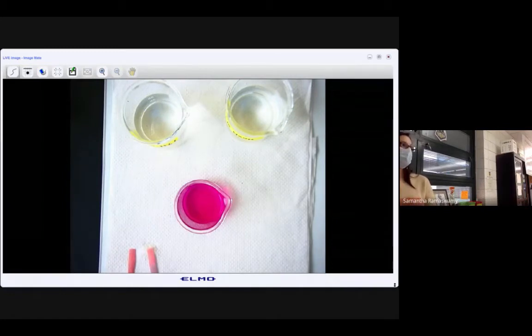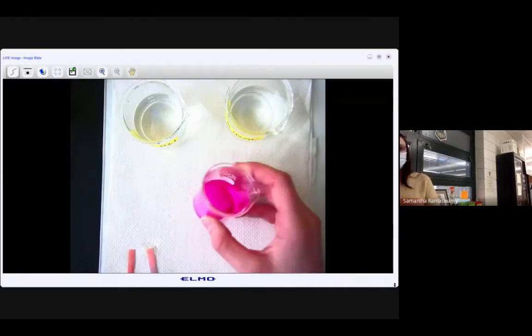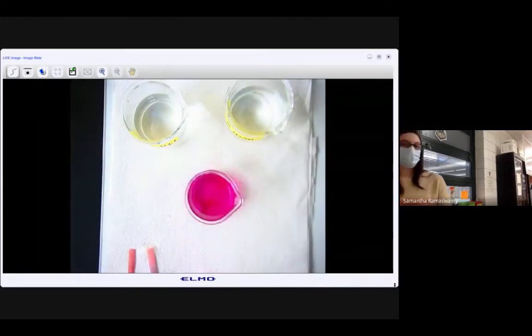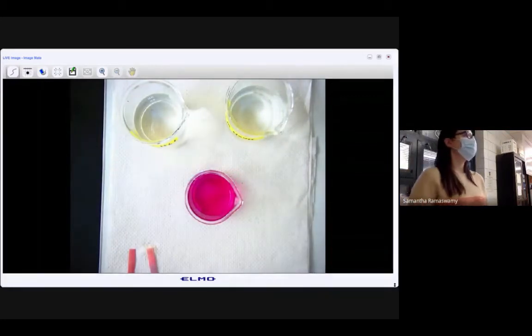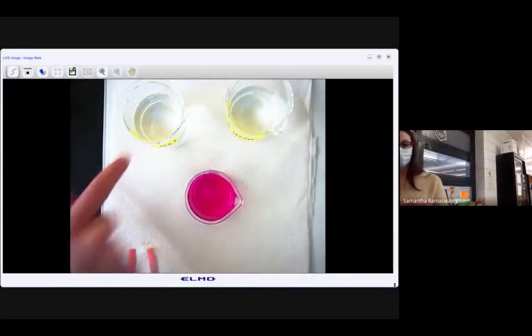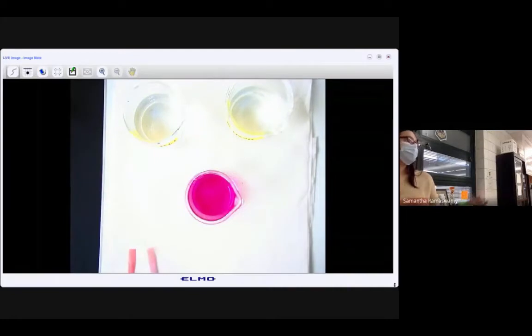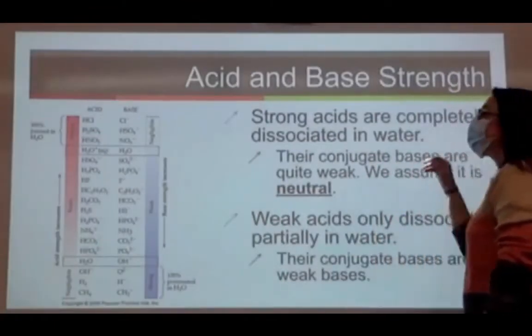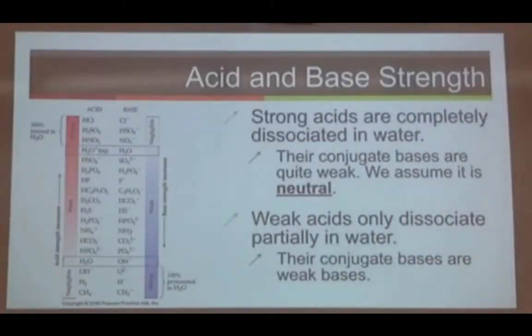It was an acid, so I was like, okay, should be the excess HCl. So phenolphthalein is another indicator that tells us if we have a base. Now, if I put phenolphthalein into the HCl, it doesn't turn colors because it only changes color at a certain pH.